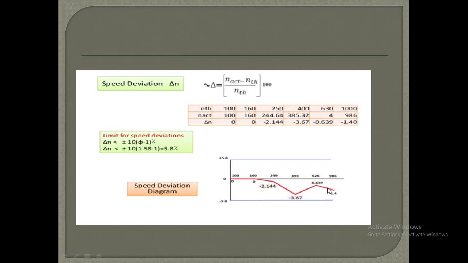Here we have the percentage speed deviation, and here we have the calculated spindle speed. Means there are two limits given. Here is a lower limit, here is an upper limit. You have to check whether your speed is feasible or not with the help of that lower limit and upper limit.